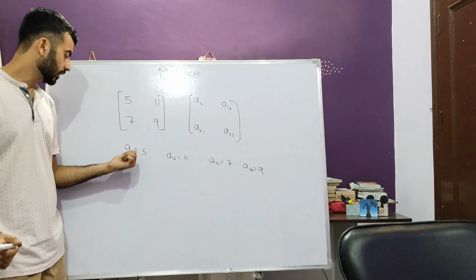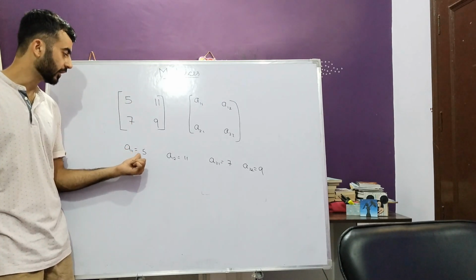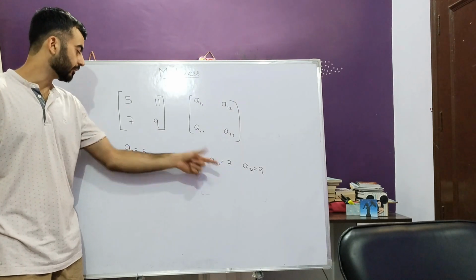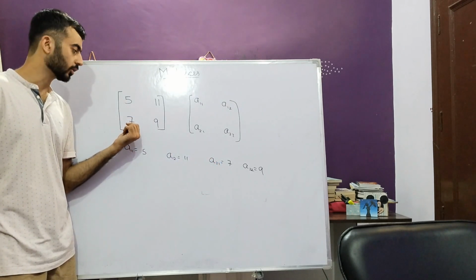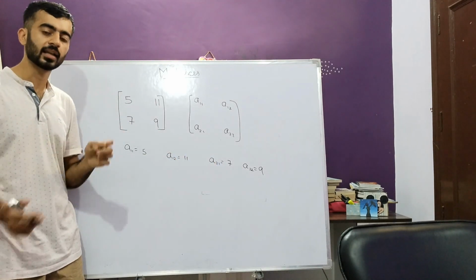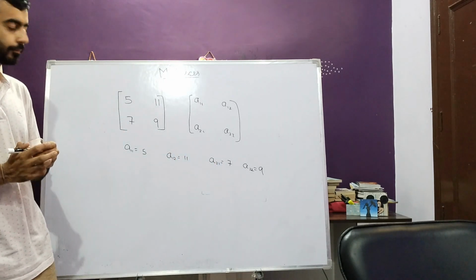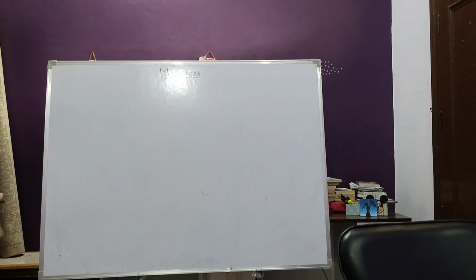Five is the element in first row and first column. So A11 is 5. A21 is 7 because 7 is the element in second row and first column. Similarly, A22 is 9 because 9 is the element in second row and second column. Now let's go on to the types of matrices.